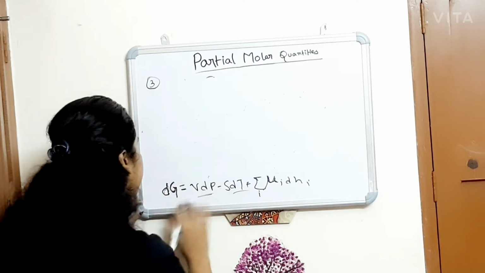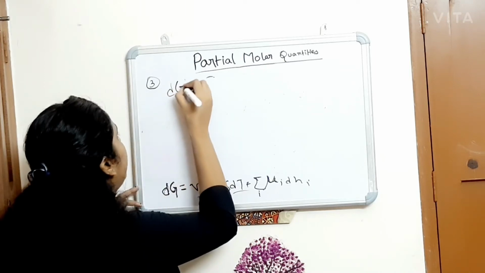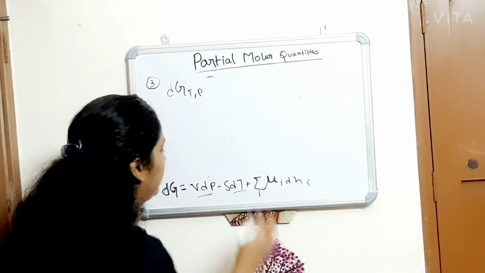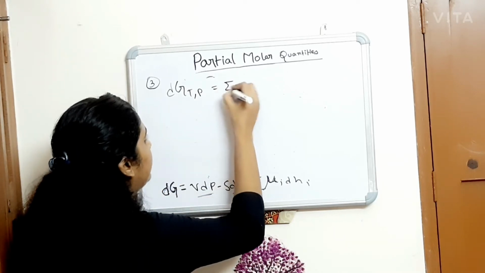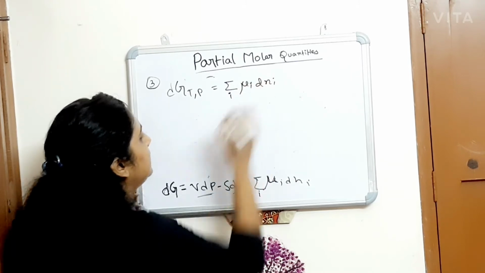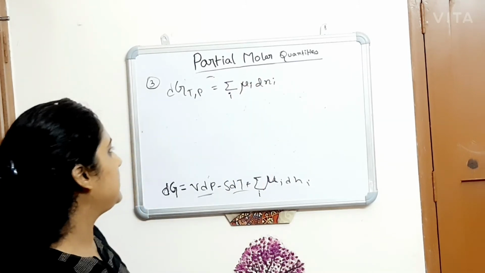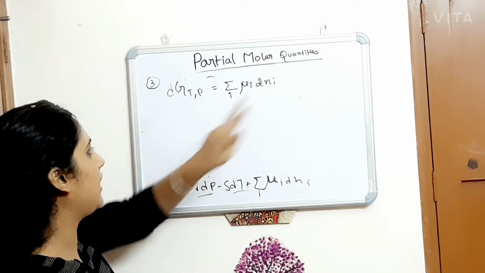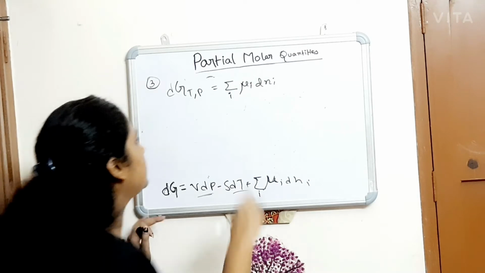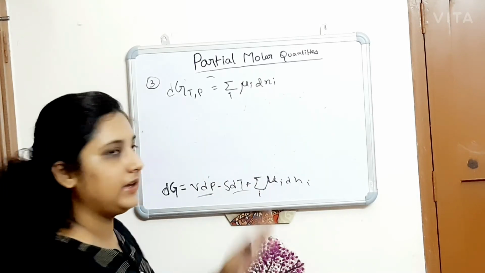So what is the expression for dG at constant T and P? dG at constant temperature and pressure is equal to the summation over i of mu i dNi. This is the expression of dG at constant T, P, that is the summation over i of mu i dNi. So this is one form of the Gibbs-Duhem equation.